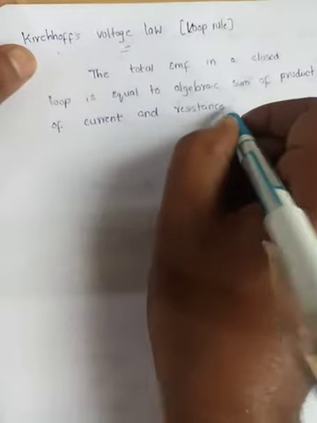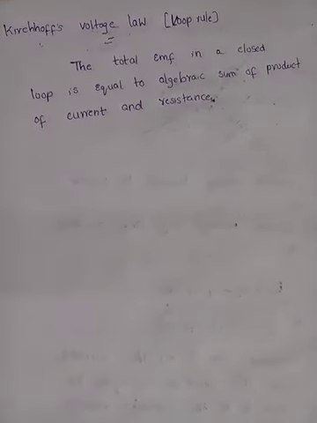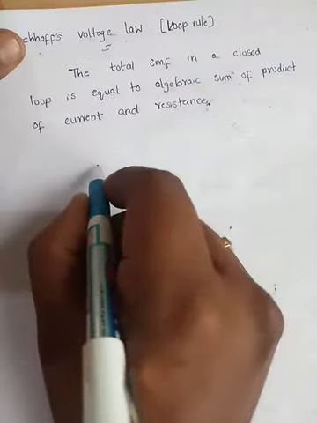So, according to the statement, the total EMF in a closed loop is equal to the algebraic sum of the product of current and resistance. Let us apply an example. Let us take a closed loop.